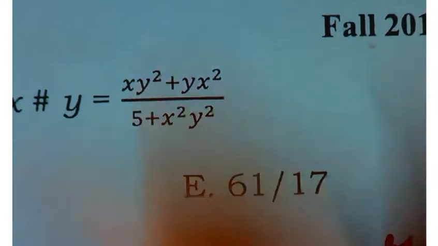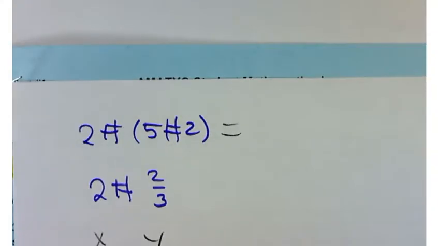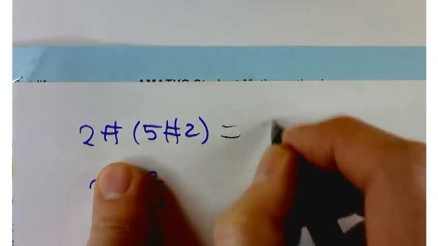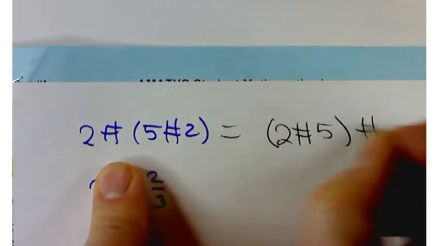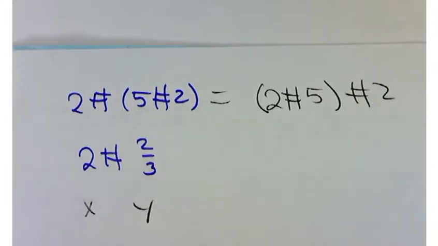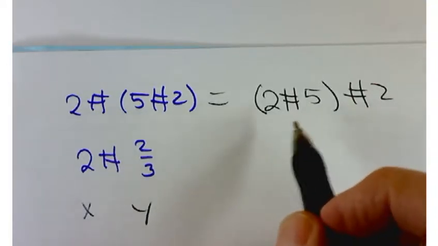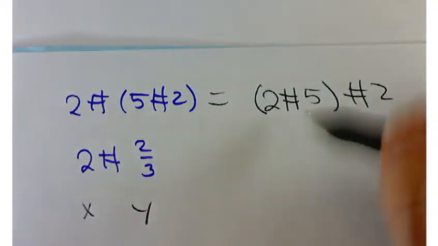What about associative? If the operation is associative, then associative would say I should be able to move the parentheses. So I should be able to say, all right, that's the same as 2 hashtag 5 hashtag 2. But it wouldn't matter what order I did the parentheses. So having defined this, it wouldn't take too much work to go back and double check that it's not associative.